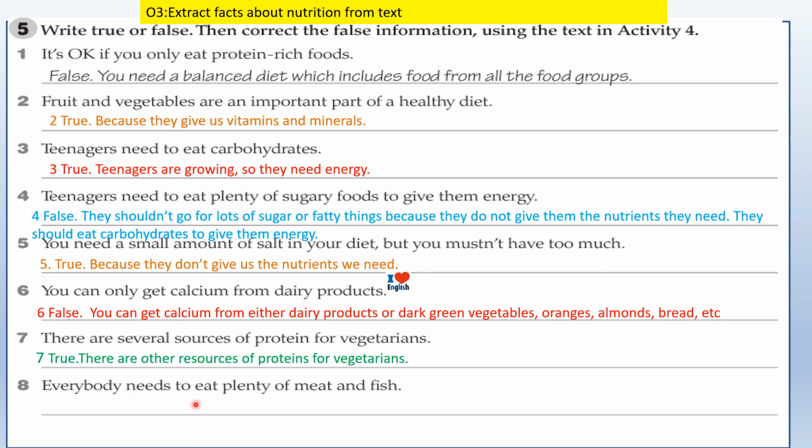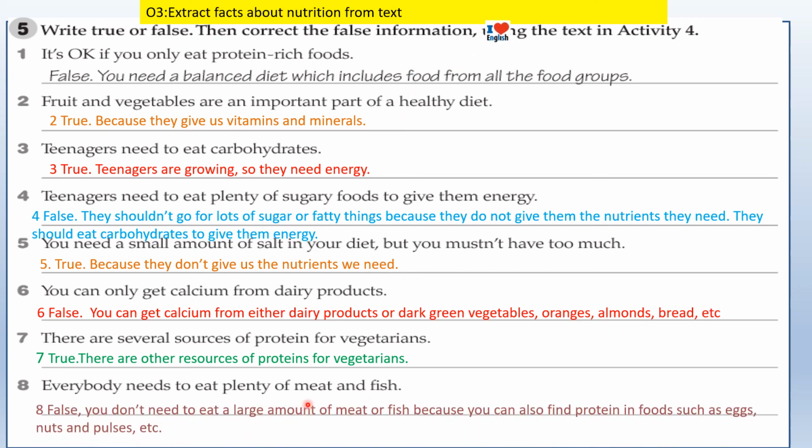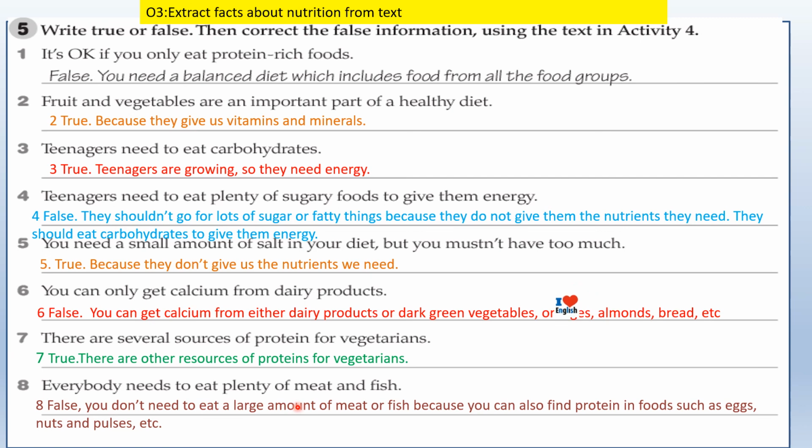Everybody needs to eat plenty of meat and fish. "Plenty of" makes this sentence false. Everybody needs to eat meat and fish, but not plenty of meat and fish. False, you don't need to eat a large amount of meat or fish because you can also find protein in foods such as eggs.